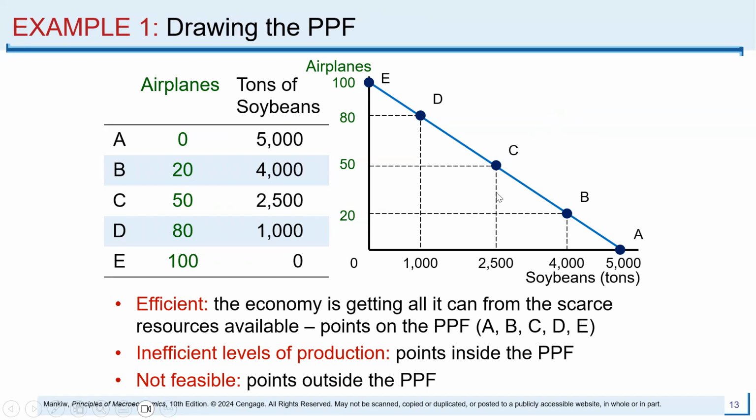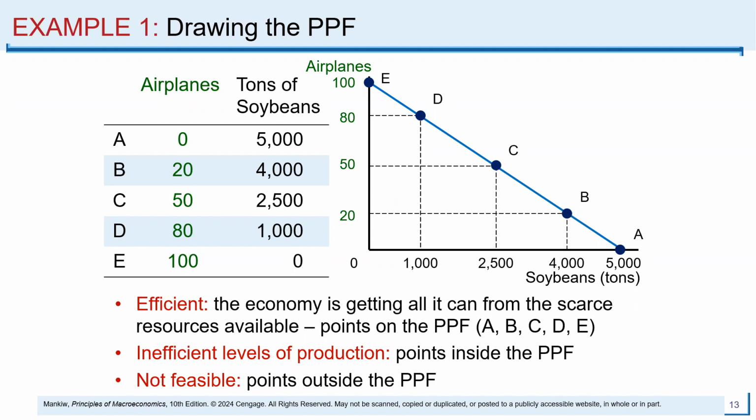You can see that point C is a level of production where you exhaust all the resources.